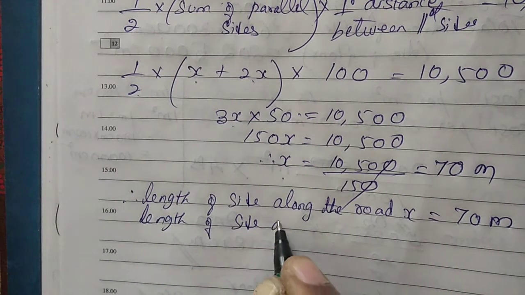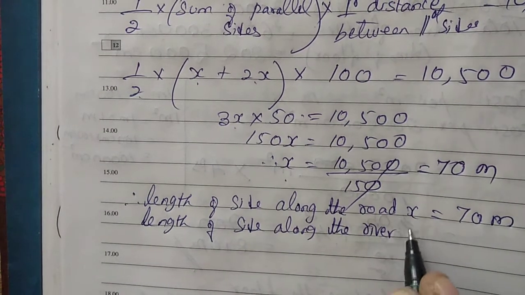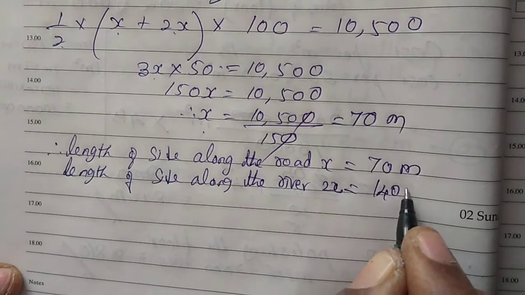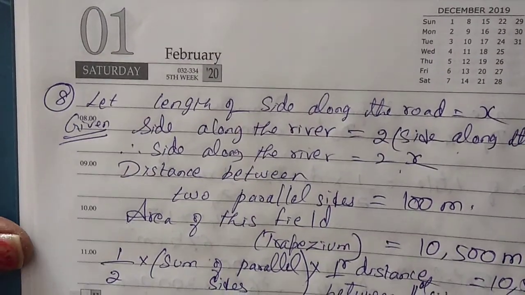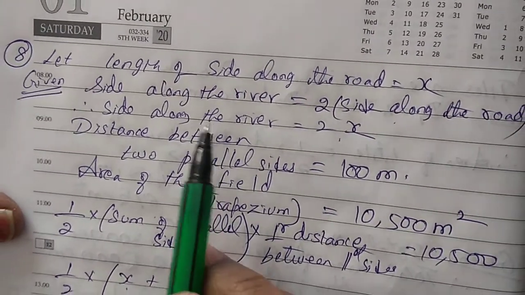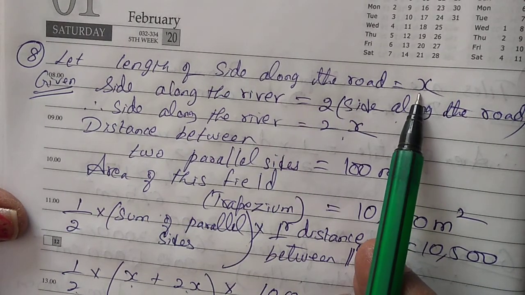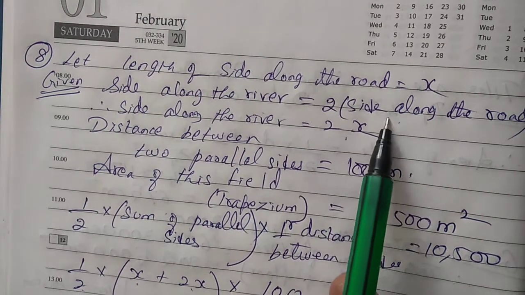Along the river we consider it as 2x, which is 2 into 70, 140 meter. Okay. So here your assumption should be correct to understand and do the sum correctly. So first we take length of the side along the road is x. And they have given for us side along the river is 2 times side along the road. So we consider it as 2x.